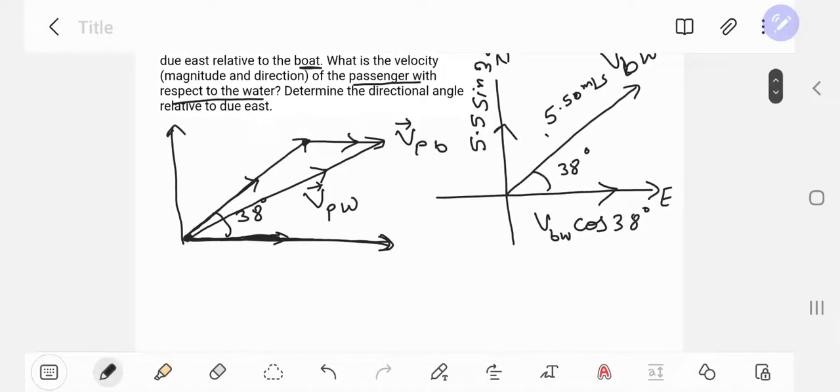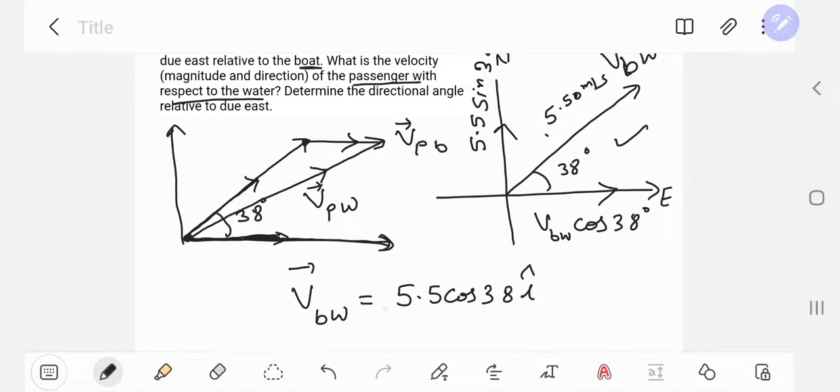So for finding this answer, I know it's pretty sketchy, that's why I have to use two different diagrams. So for the first diagram, I will use the components, which will be the components of the velocity vector of the boat with respect to water, and that will have 5.5 cos 38, and that is the i cap, or the x component, right?